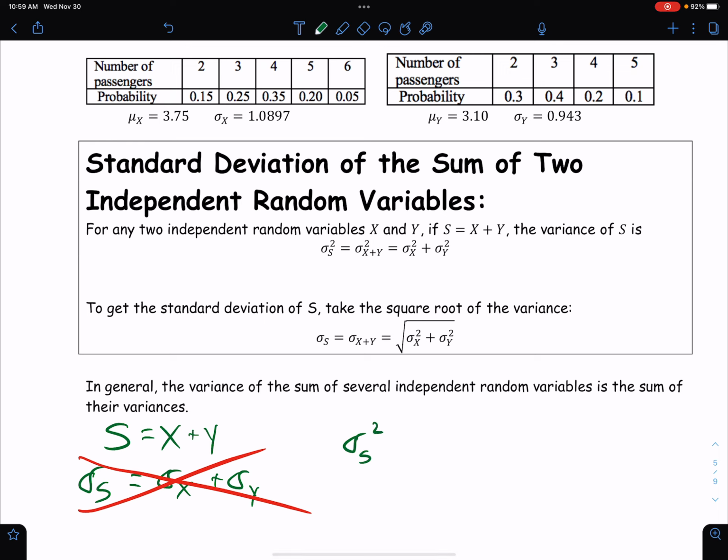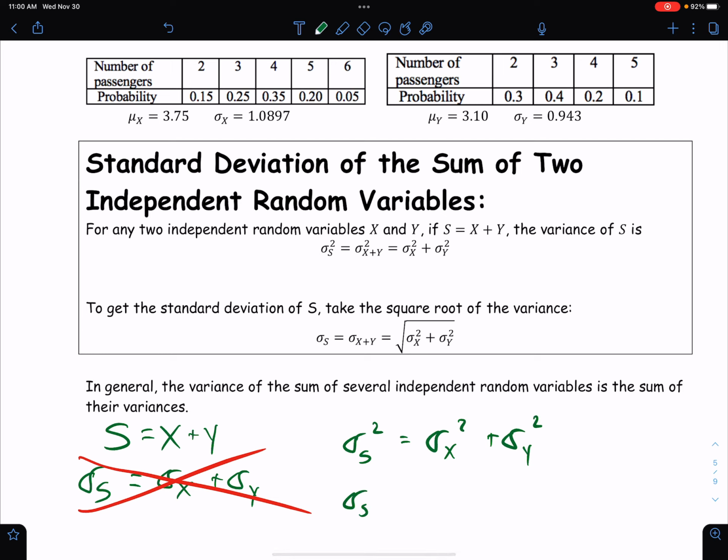So to find the variance of S, we need to take the variance of both of our random variables that we're adding together. So we take the variance of X and add it to the variance of Y.